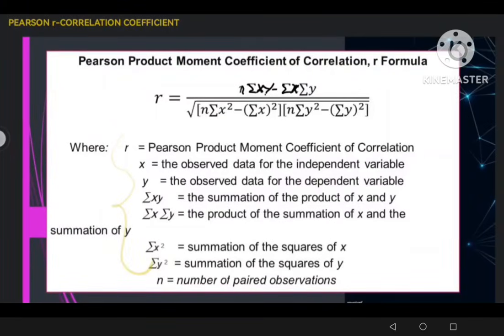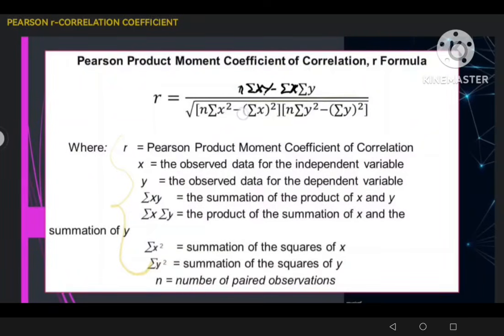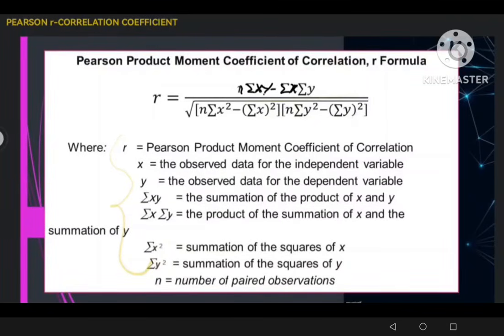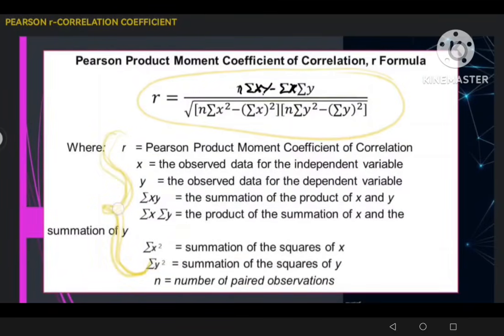Okay, R there, that's our correlation, is equal to n times summation of X times Y minus summation of X times summation of Y, all over the square root of n times summation of x squared minus summation of x to the power of 2, times n times summation of y squared minus summation of y to the power of 2. So we're going to use this formula later when dealing with the Pearson R correlation coefficient. So these are its definition or its meaning, what each symbol is in our formula.